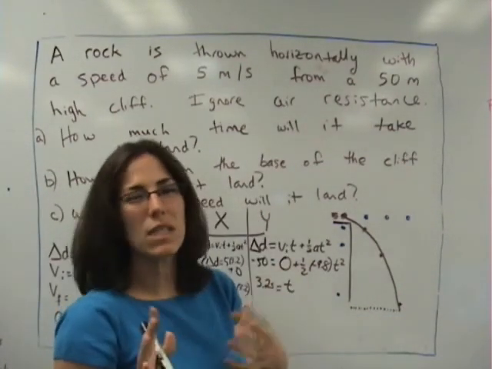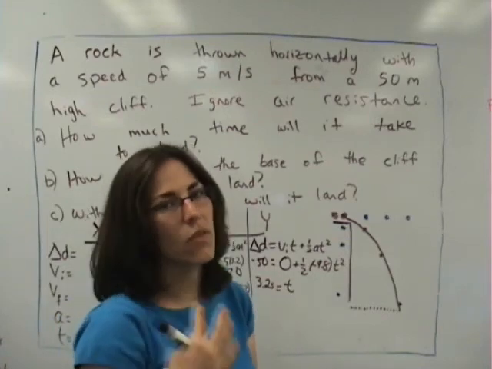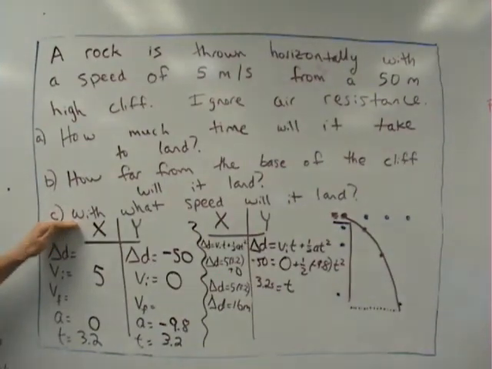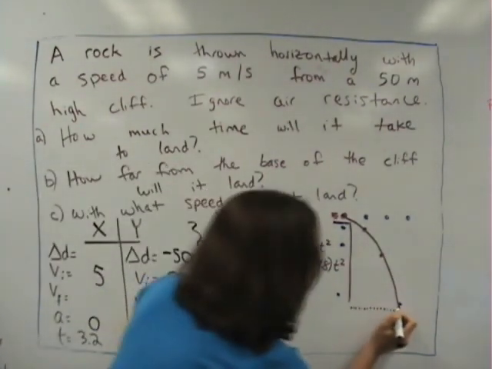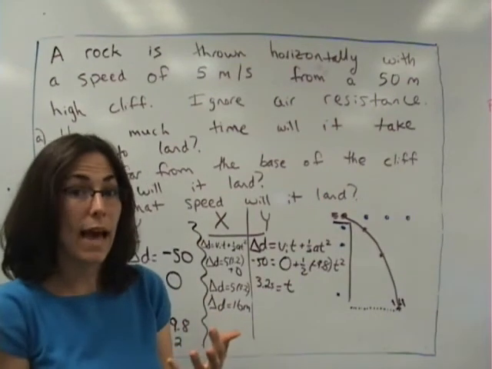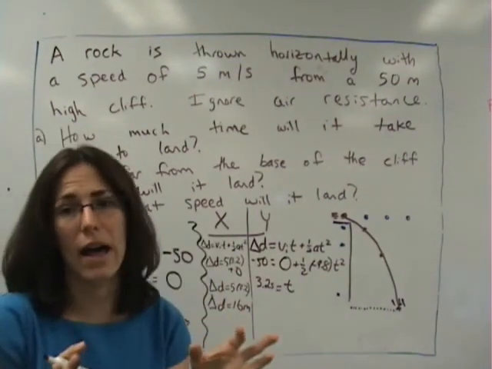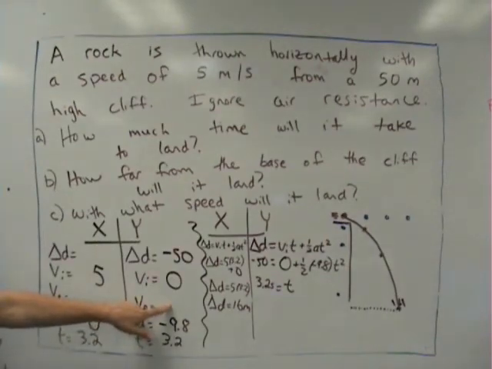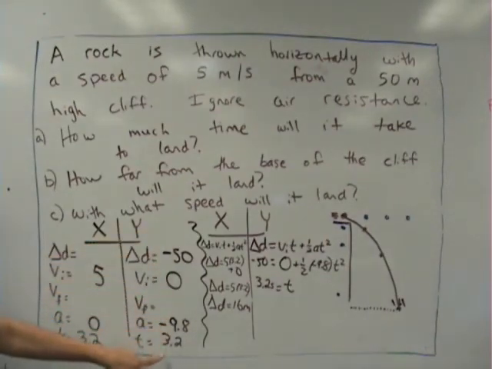Now for C, I don't really want to solve for C mathematically. I'd just like to talk through the process in case you're given one where you're asked to find the speed that it'll land at. Meaning you want to know right here what those final whoosh lines are like, how fast it's going at the end. I just want to talk through methodology. Methodology-wise, you'd solve for the final y velocity using this side.